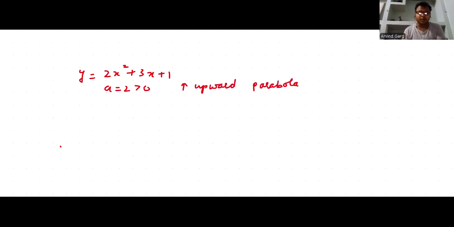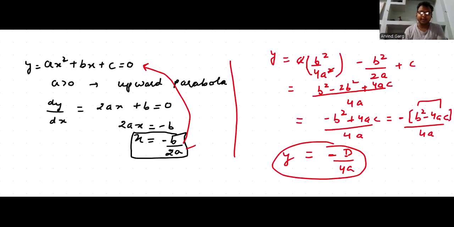Now, as you can see over here, minus b by 2a is the formula for x, and minus d by 4a is the formula for y.